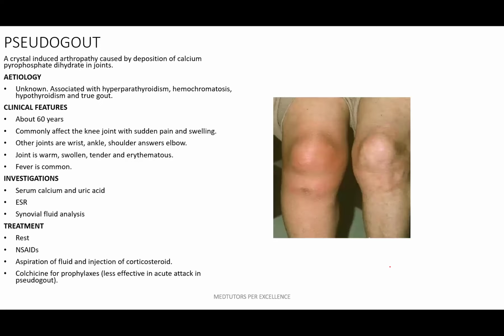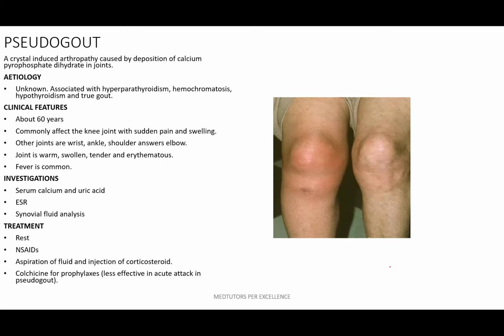The last one we'll take regarding the joint today is pseudogout. This is seen in much older individuals, and this is also deposition of crystals. It is a crystal-induced arthropathy caused by deposition of calcium pyrophosphate dihydrate in the joints.